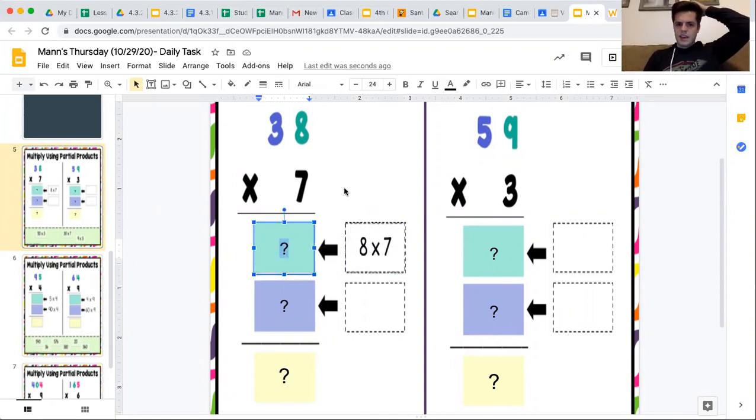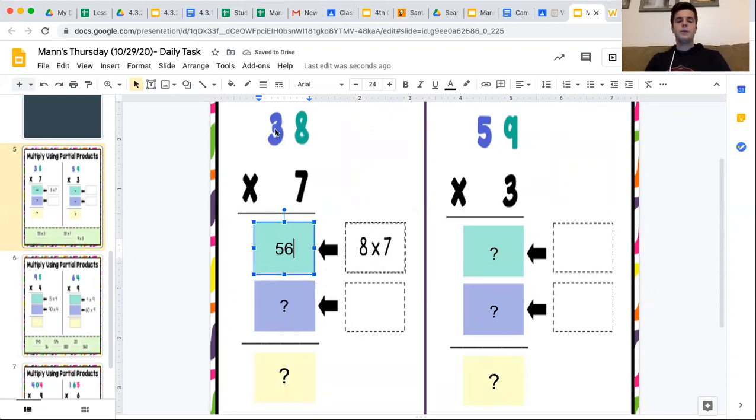So 8 times 7. Let's count by 7s. 7, 14, 21, 28, 35, 42, 49, 56. So 7 times 8, or 8 times 7, same answer, is 56. We put the answer in the green box.